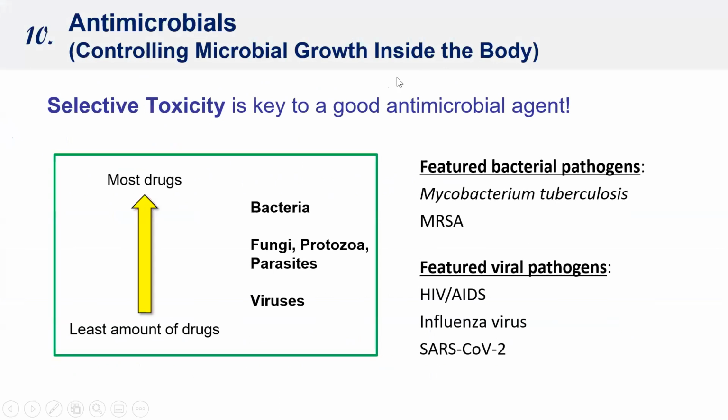All right, so last topic that we're going to cover, we're just going to finish it on Thursday, is of course the antimicrobials. And so make sure you know some of the concepts around selective toxicity, things like how we get resistance, those kind of things.